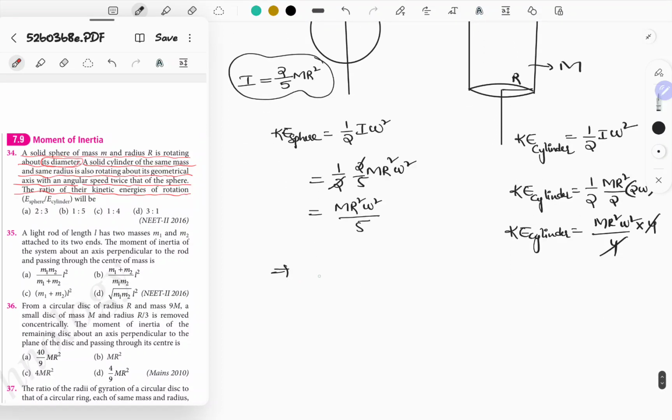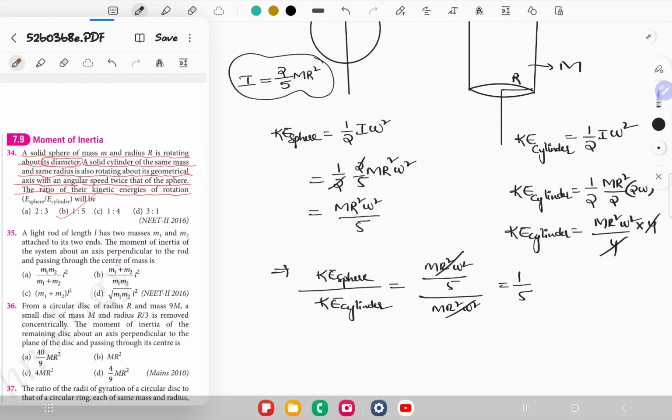I need the ratio. So the kinetic energy of the sphere divided by the kinetic energy of the cylinder is equal to m r square omega square by 5 divided by m r square omega square. It will get cancelled. So finally we are going to get the ratio 1:5. Which option is correct? Option B is correct.